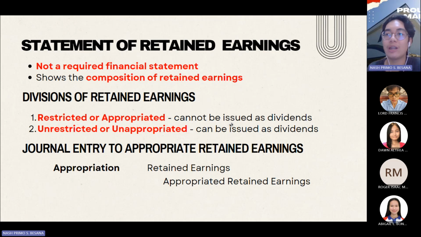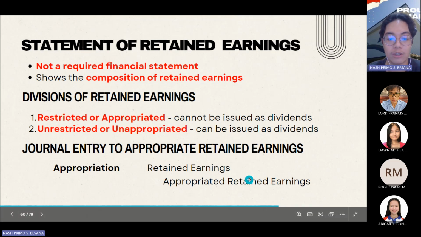Tapos naisipan ng corporation na, gagamitin ko na lang 'to in the future para magpatayo ng bagong building, magpatayo ng bagong branch. So that can be considered as appropriation. You set it aside for a different purpose. So appropriation journal entry, debit retained earnings, since mababawasan yung normal mong retained earnings, yung unappropriated, and then credit appropriated retained earnings. So these are two separate accounts.